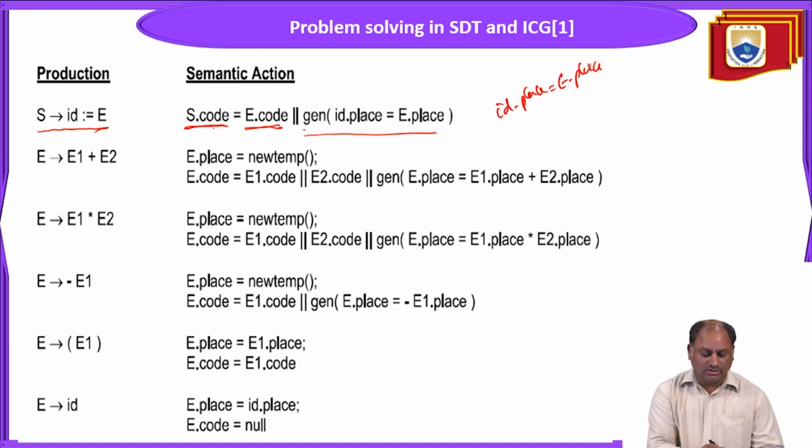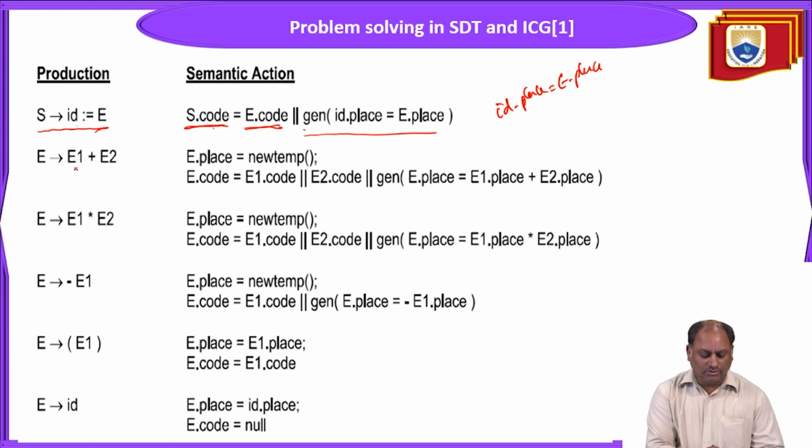That means the identifier and the non-terminal E, the expression value, are both equivalent by substituting the corresponding place value, that is the address reference where this value is stored. So ID dot place is equal to the place value.